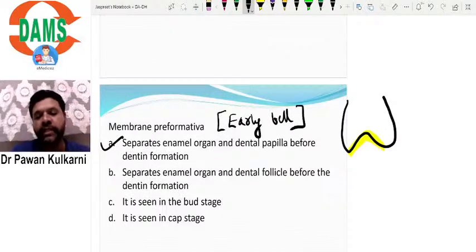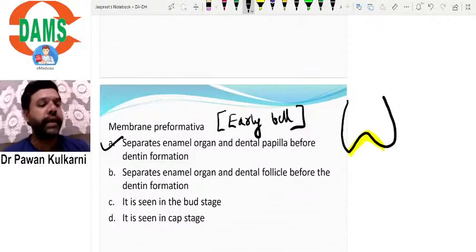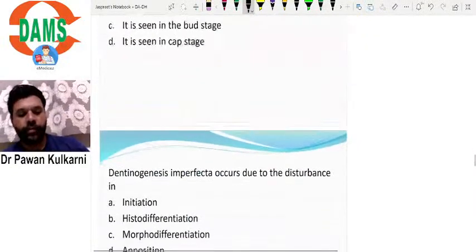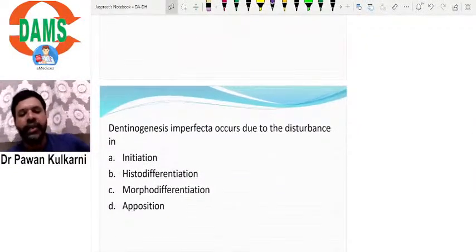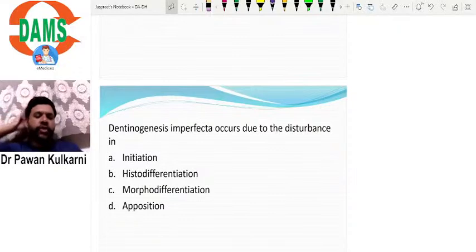In the late bell stage, this disappears, because once the hard tissue forms, this particular membrane disappears. Dentinogenesis imperfecta occurs due to disturbance in which stage? Again, I have told you, we should be aware of the physiological stages of tooth development and their disturbances.